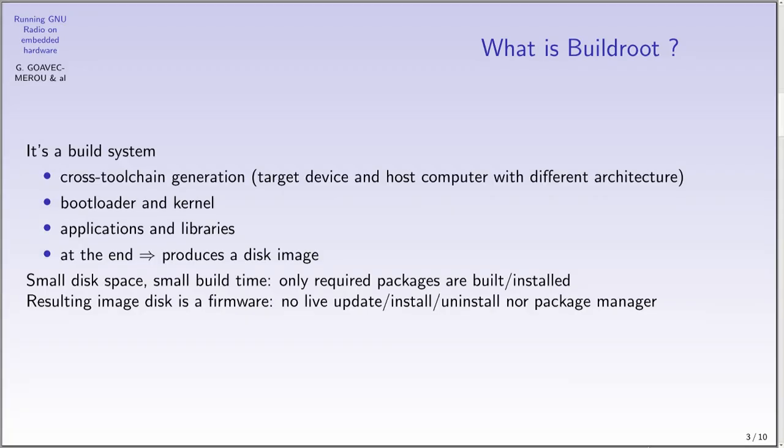BuiltFruit is a build system. This type of tool is used to build a full operating system. This means the first task is to have access to a compiler. Usually, when the host computer is based on an Intel processor and the target has a different architecture, it's a cross compiler.